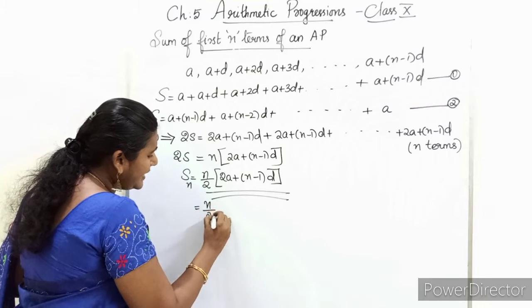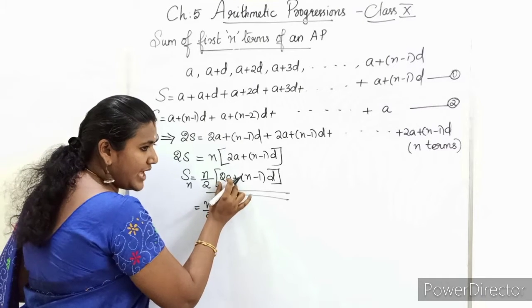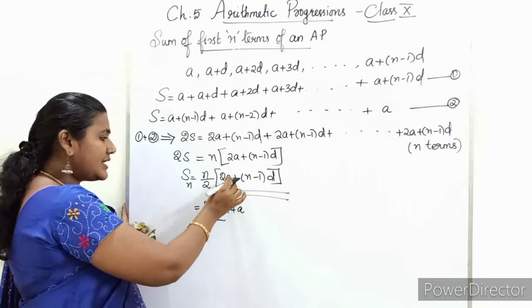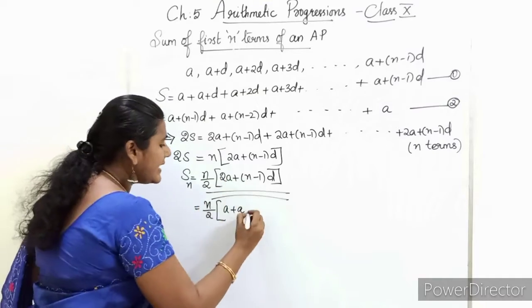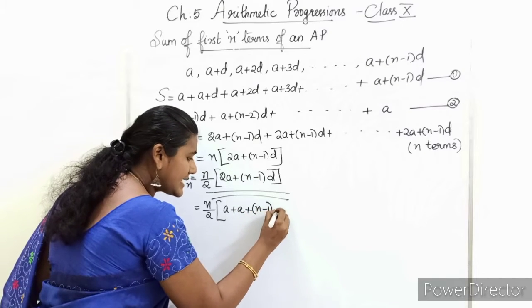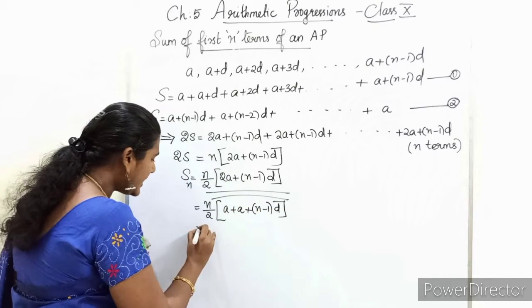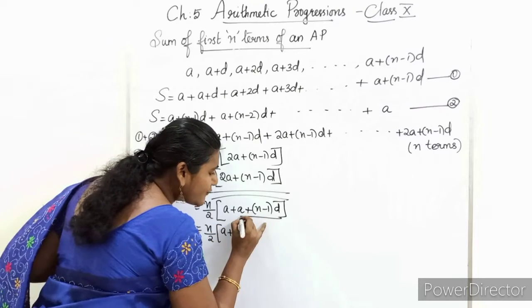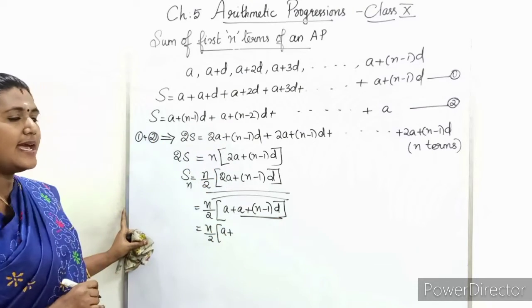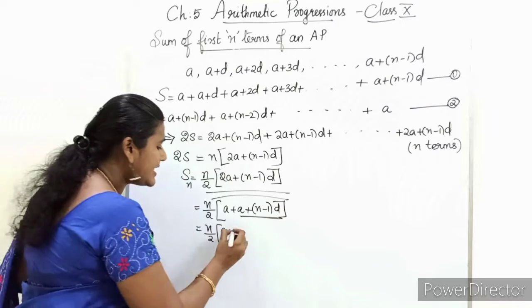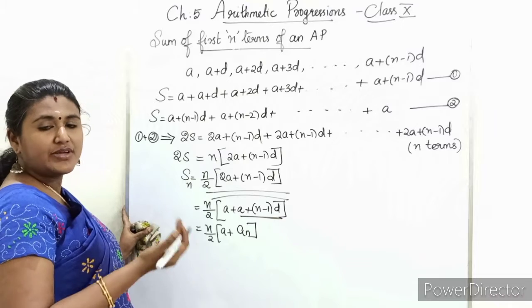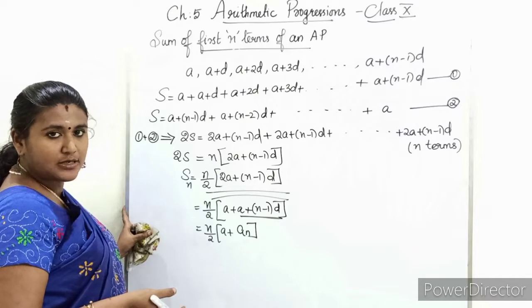Here n by 2 into this 2a we can write as a plus a. So I have written 2a as a plus a, the remaining terms as it is. Now you see here n by 2 into a plus, what is this? We have already learned a plus n minus 1 into d is nothing but the nth term, or we can say the last term also.